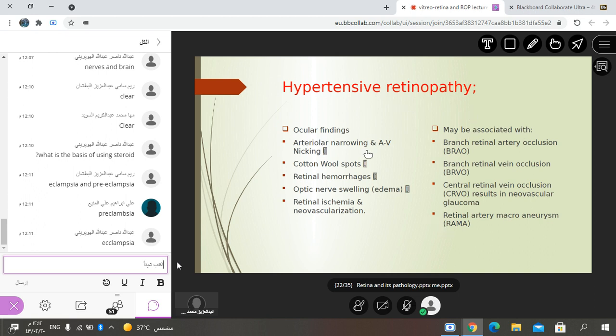These are the complications, and these are the features of the hypertensive retinopathy. The features like AV nipping or AV nicking, cotton wool spots or the soft exudation that we mentioned a little while ago, retinal hemorrhages, and these are the signs of chronic hypertensive retinopathy. We have the signs of acute hypertensive retinopathy, which is the optic nerve swelling.